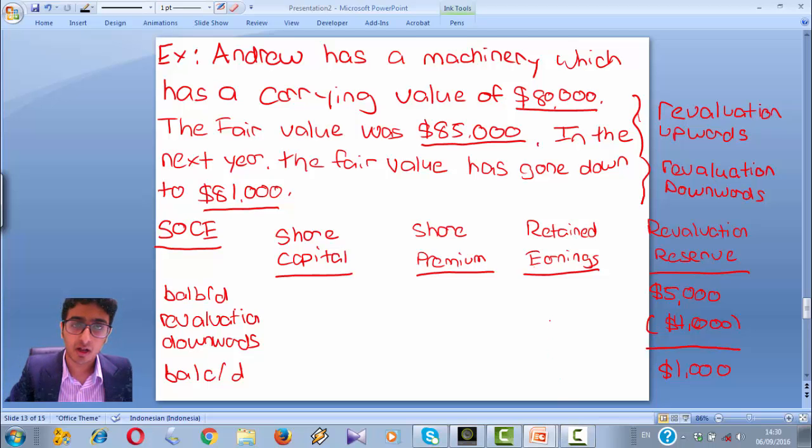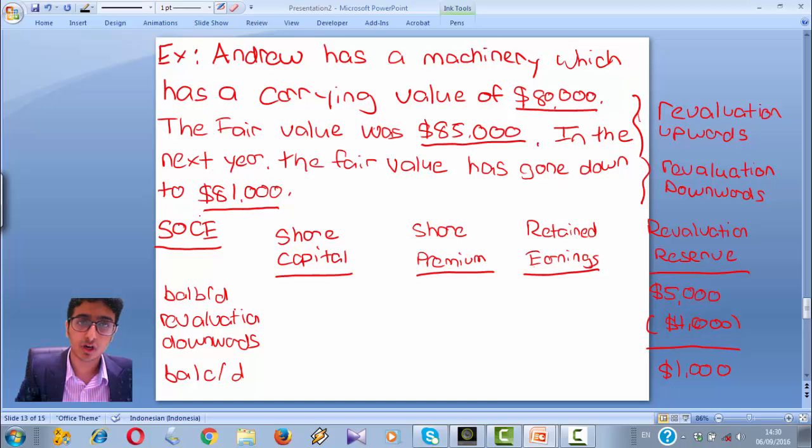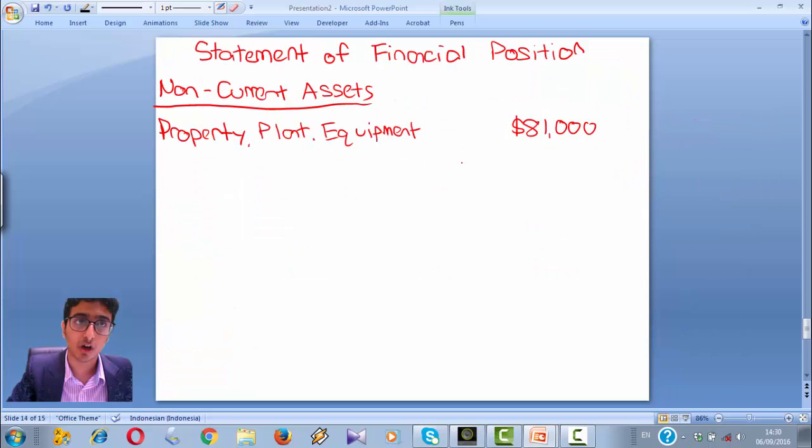Yes? Now, let us see what happens in the statement of financial position. My non-current asset has gone from $85,000 to $81,000. That means in this year, the value of my asset is no more 85, but $81,000. Okay?